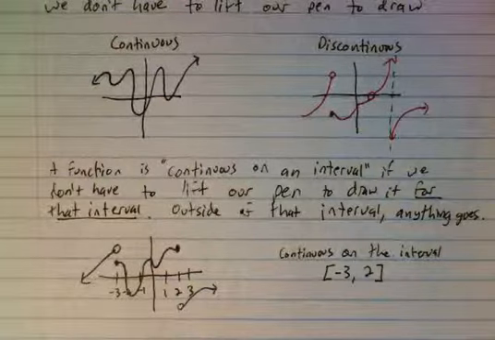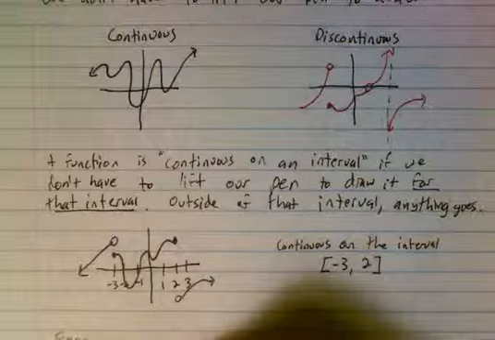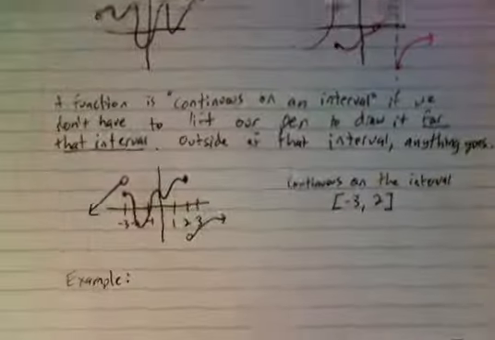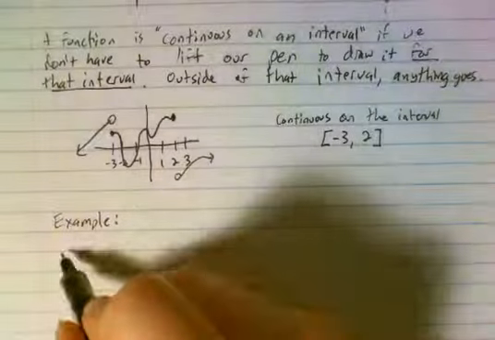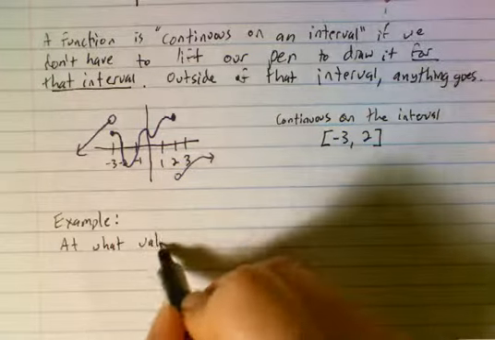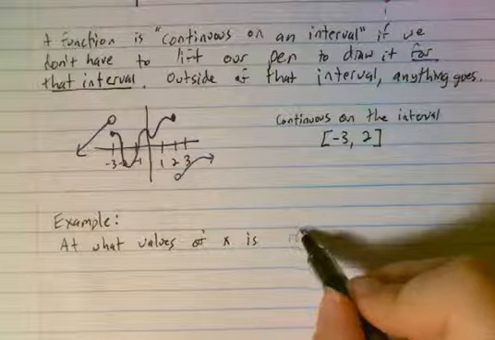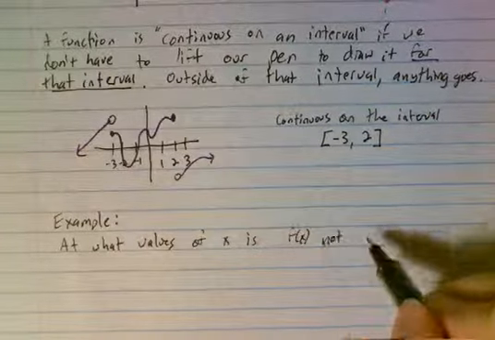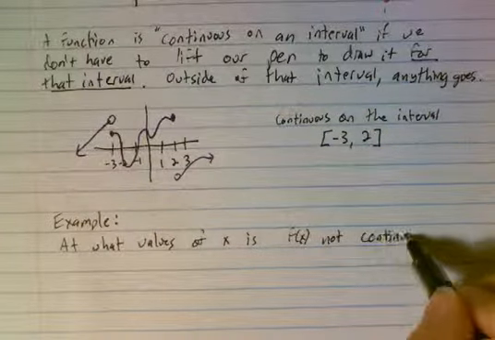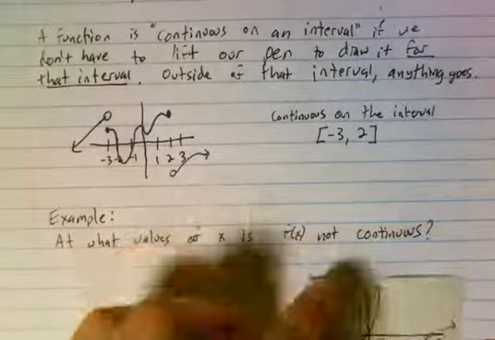So let's look at a sample problem on a graph. At what values of x is f of x not continuous? And let's call this f of x.